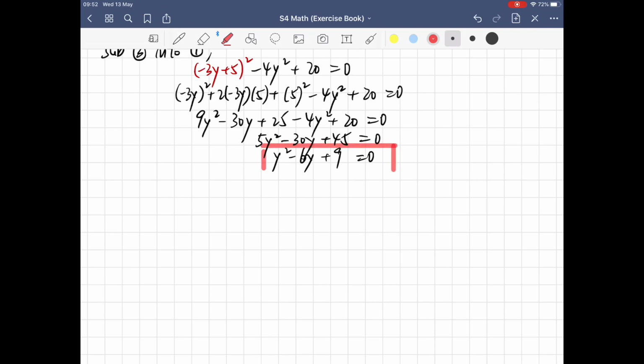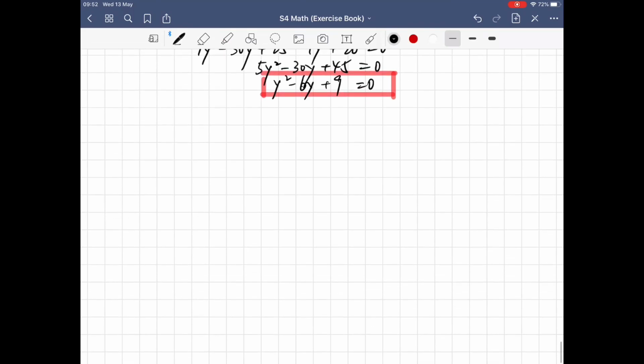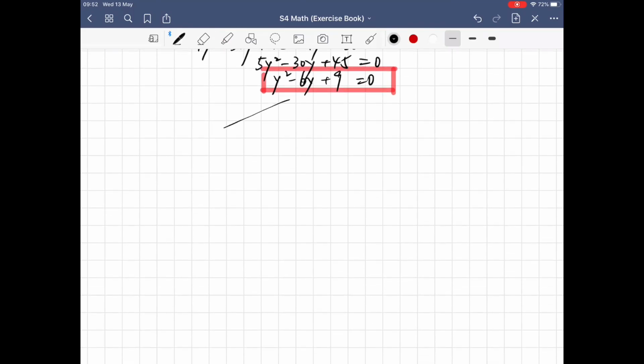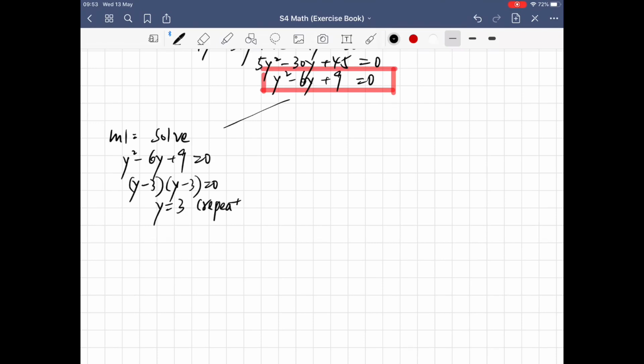For the first method, we solve it. For y squared minus 6y plus 9 equal to 0, by solving it, we will know that the result will be (y minus 3)(y minus 3), so that we get the answer y equals 3, repeated.